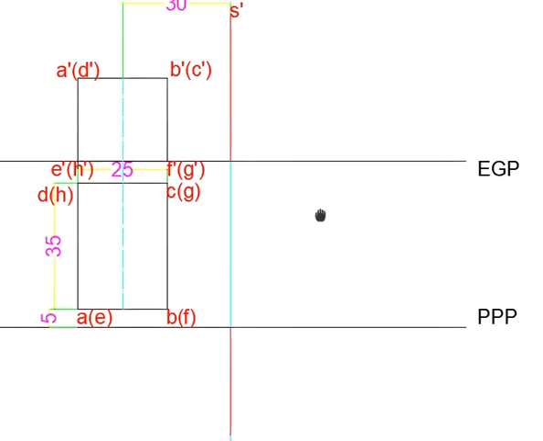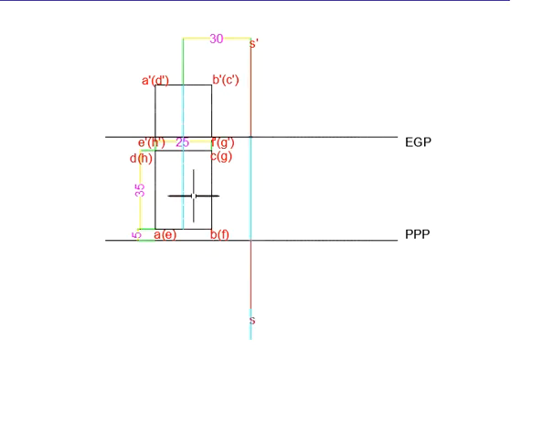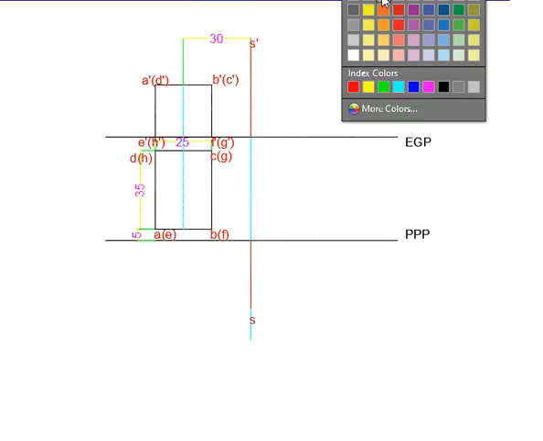Now you can draw the visual rays connecting s and all the points in top view, s dash and all the points in front view.